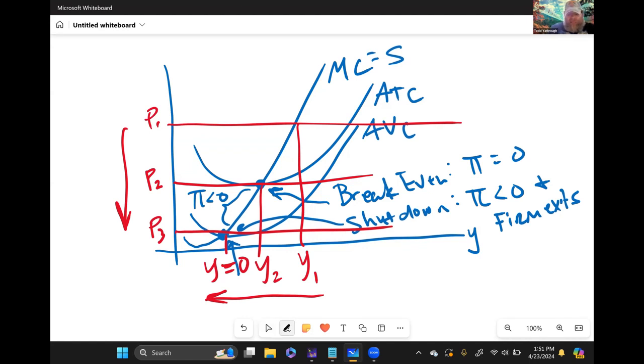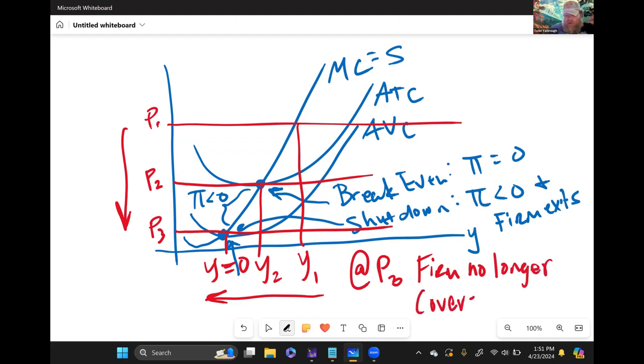At P3, what's going on is the firm is not covering their fixed cost. And because they're no longer covering their fixed cost, it's actually more profitable to shut down and pay fixed costs, right? Because if you don't produce anything, you still have to pay your fixed costs.